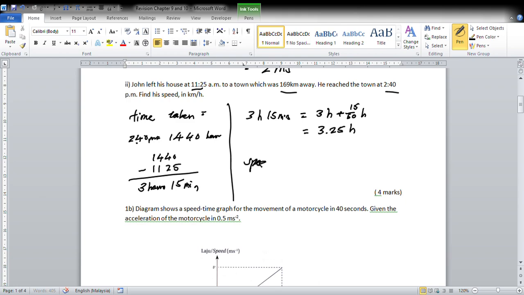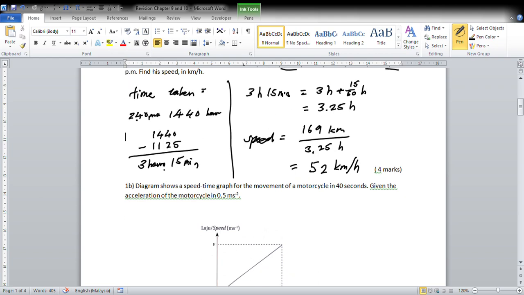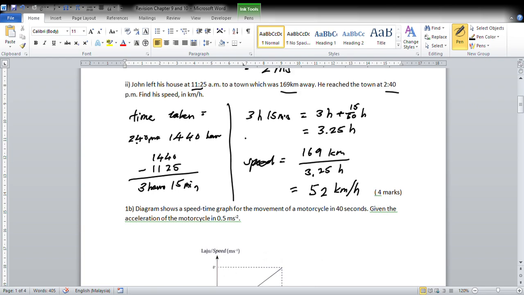So the speed is equal to 169 km divided by 3.25 hours. After calculations we will get 52 km per hour. Remember how to find the time taken and change it to hours. You cannot write in minutes because the unit they want is km per hour.